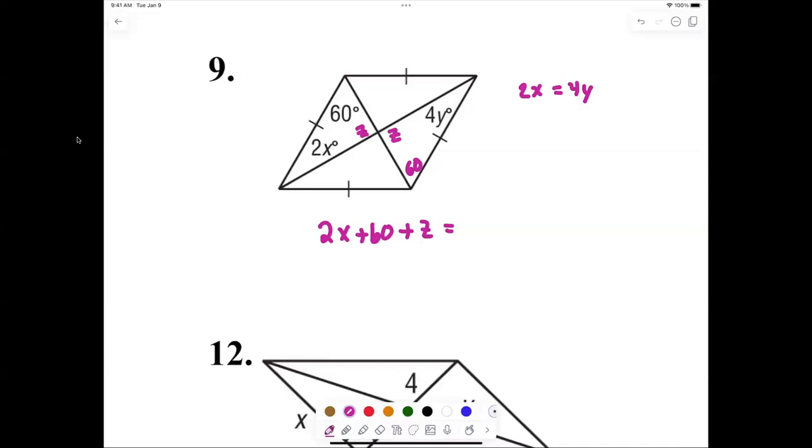All right, so let's just make sure you know the rule now. The diagonals of a rhombus are perpendicular.